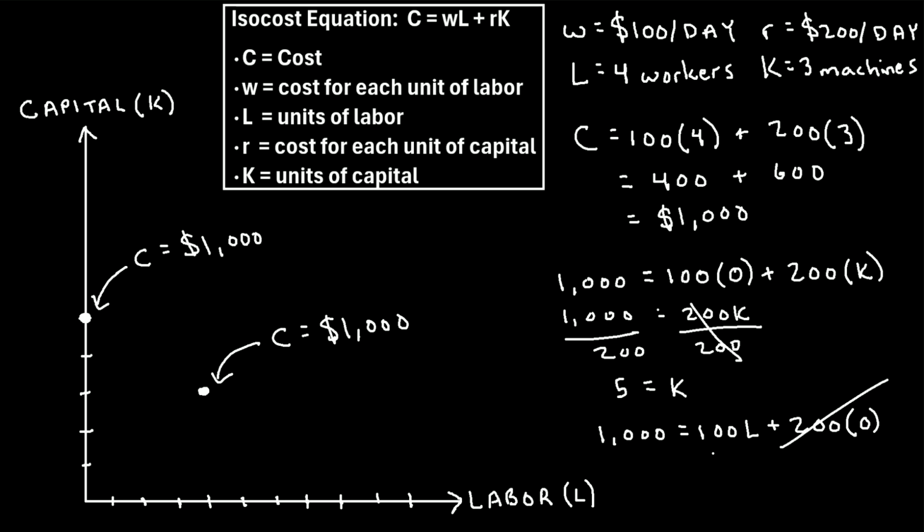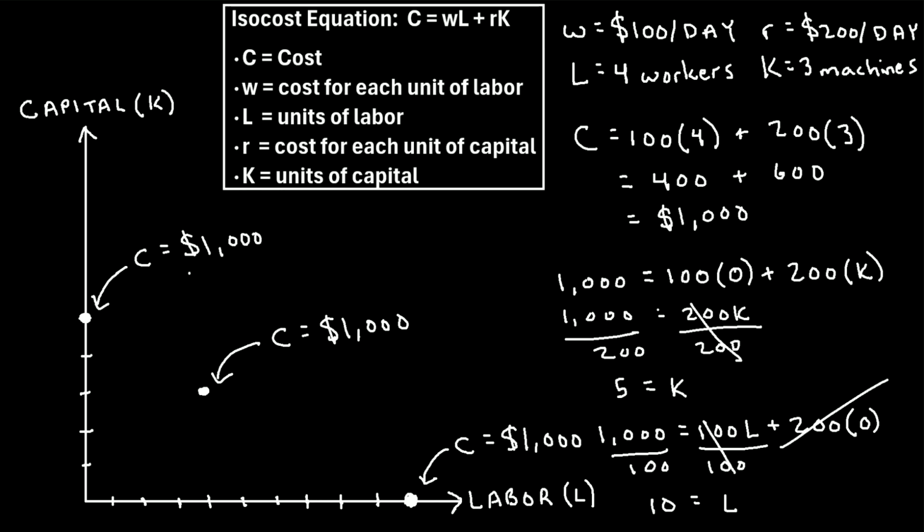We'll have 1,000 is equal to 100L. To solve for L, we divide both sides by 100, and we end up with L equal to 1,000 divided by 100, that's 10. So our x-intercept is at 10, right here on the x-axis. When we use 10 units of labor and 0 units of capital, our cost is also $1,000.